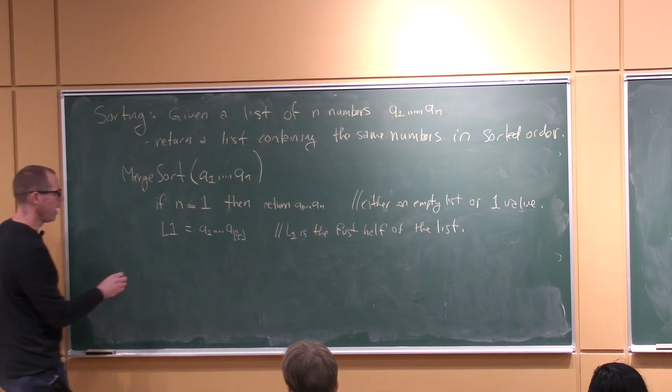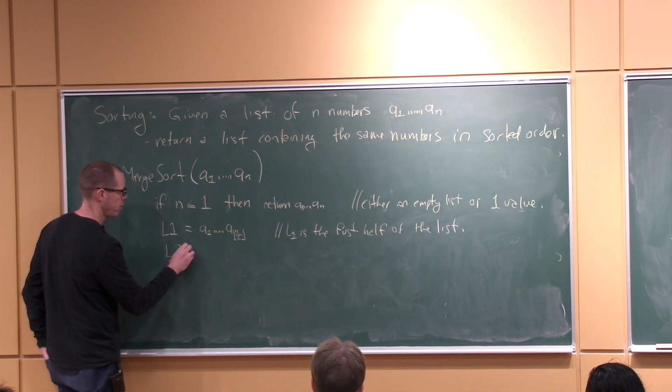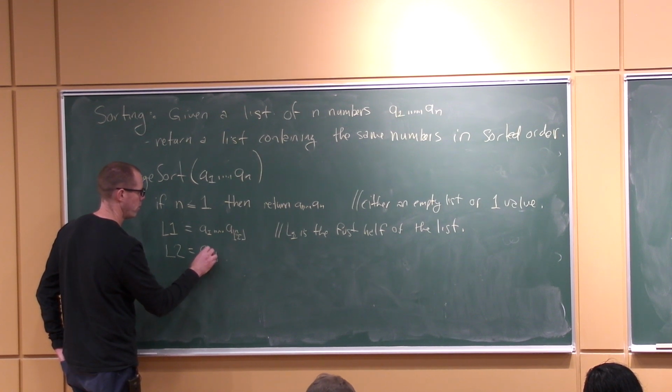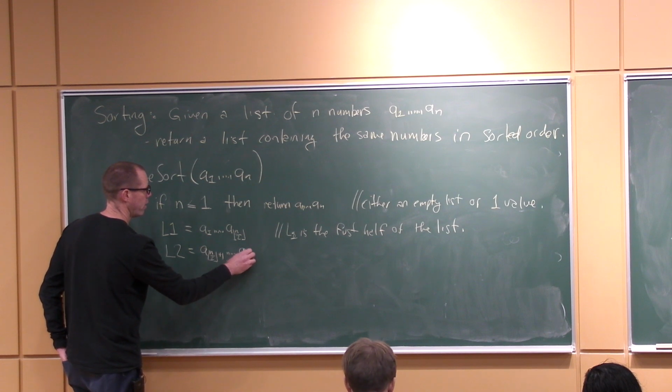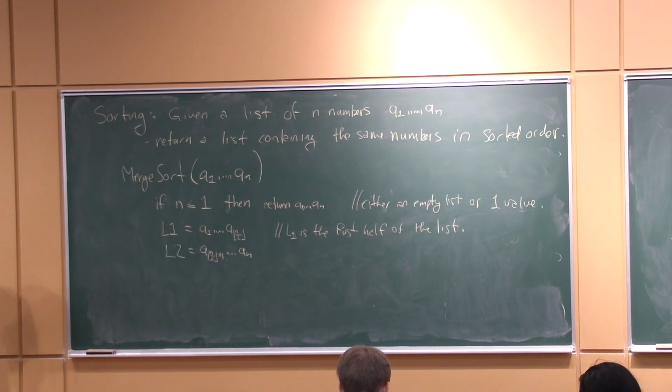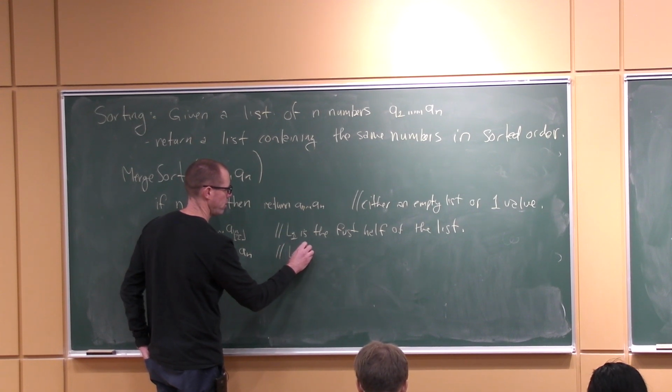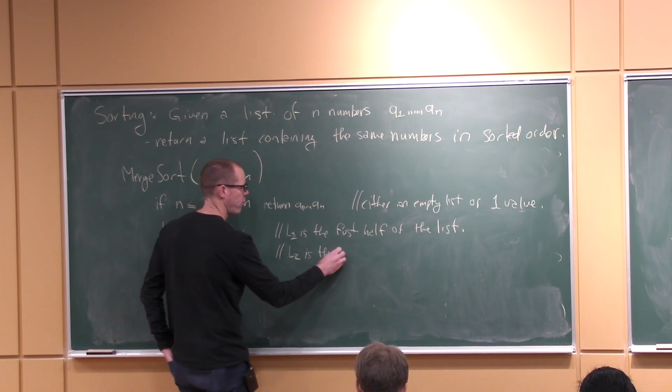And we might as well give a name to the second half. L2 is A n over 2 plus 1 up to A n. L2 is the second half.